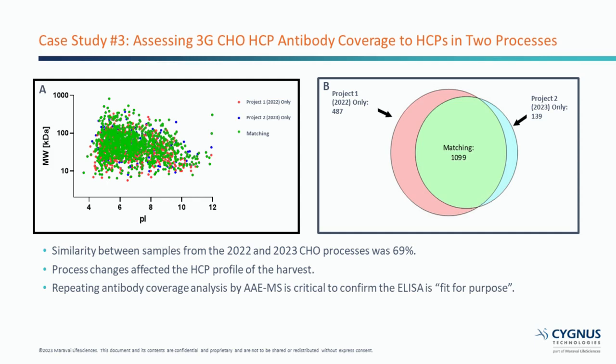In figure B, we show that the overlap is only 69%. But what is important is that repeating the antibody coverage assessment was critical, as the process change resulted in 31% different HCPs. However, the coverage still was pretty high, and it means that the antibodies are covering most of those HCPs, and the client can still use the same validated HCP ELISA to continue with manufacturing of their drug substance.